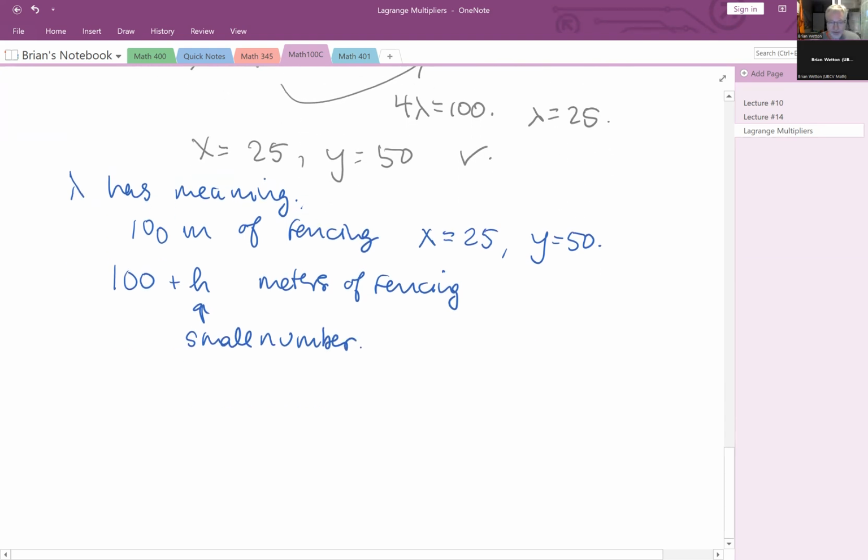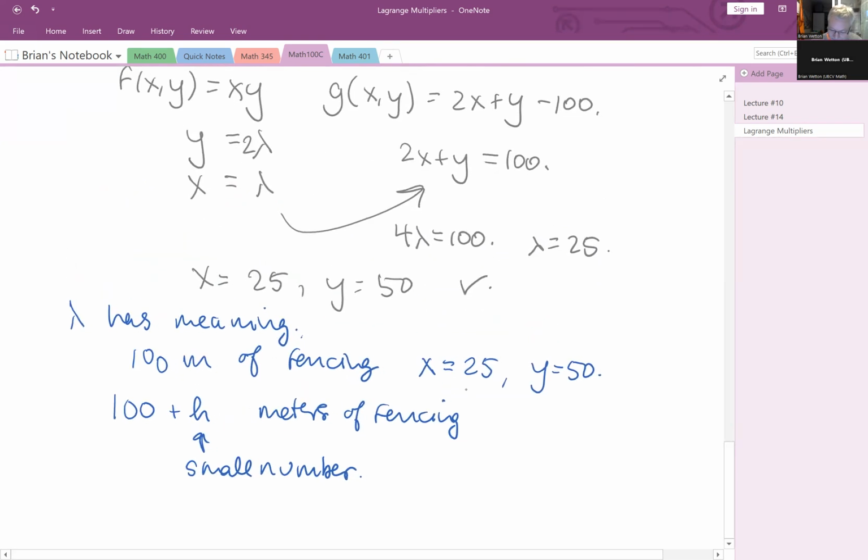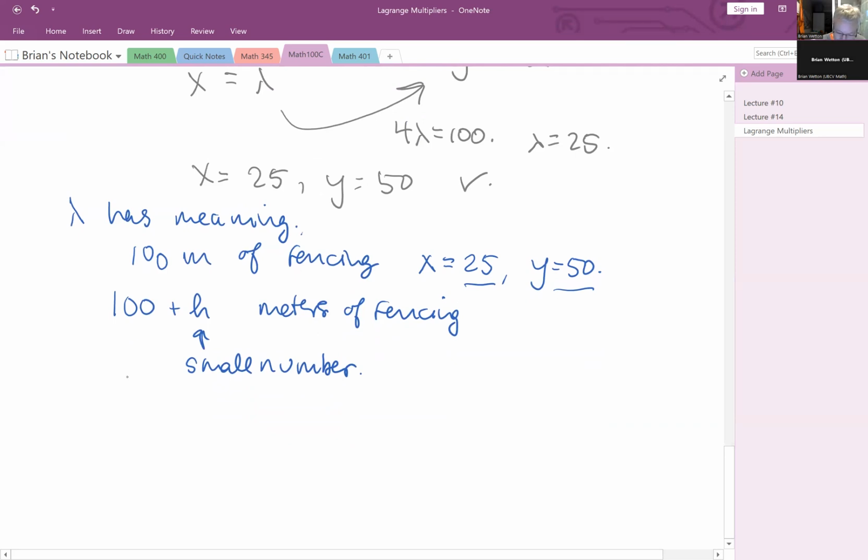Now, you can redo the whole computation that we did before, but I think it's hopefully intuitive that this factor of 2 is a geometrical result, not a specific result for 100 meters of fencing. So if I go from 100 to 100 plus h meters of fencing, then I'm going to use a quarter of it for each of the two sides and half of it to make the parallel side longer.